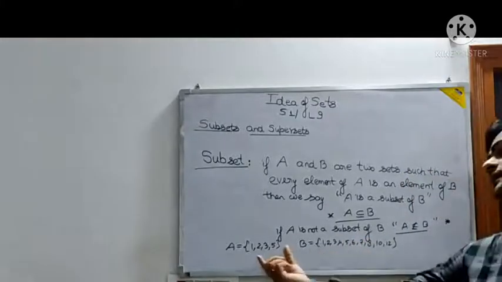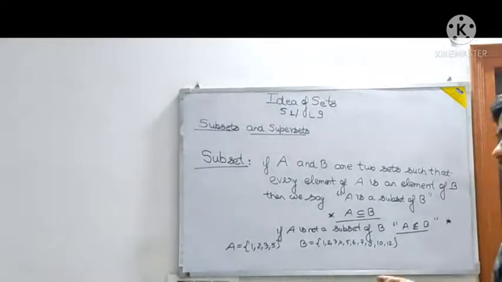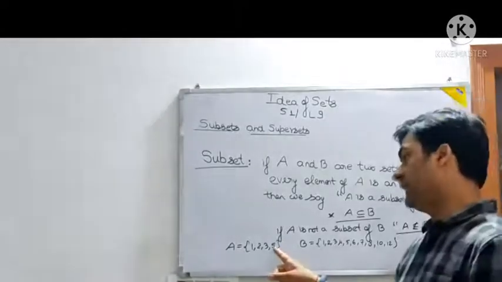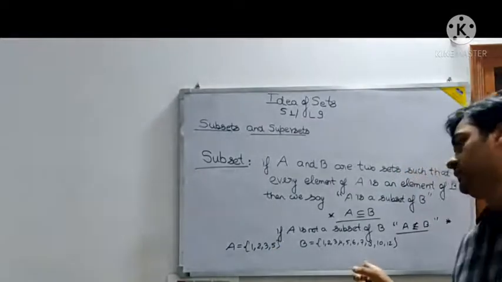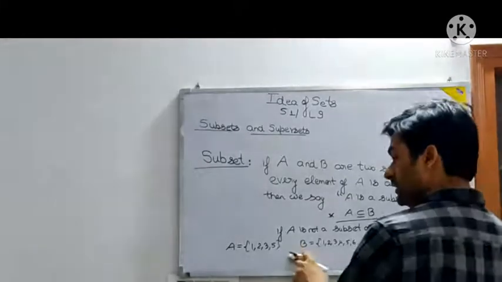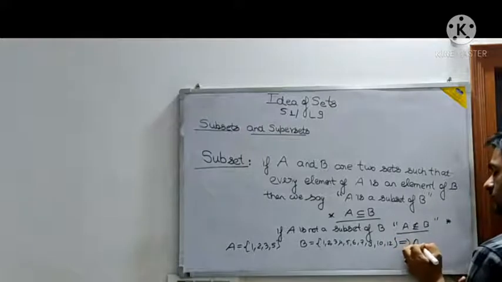Can we say A is already present in B? Don't think that one element not being there matters. Suppose if 5 is not here, then also it will be. In this condition we can write that A is a subset of B.